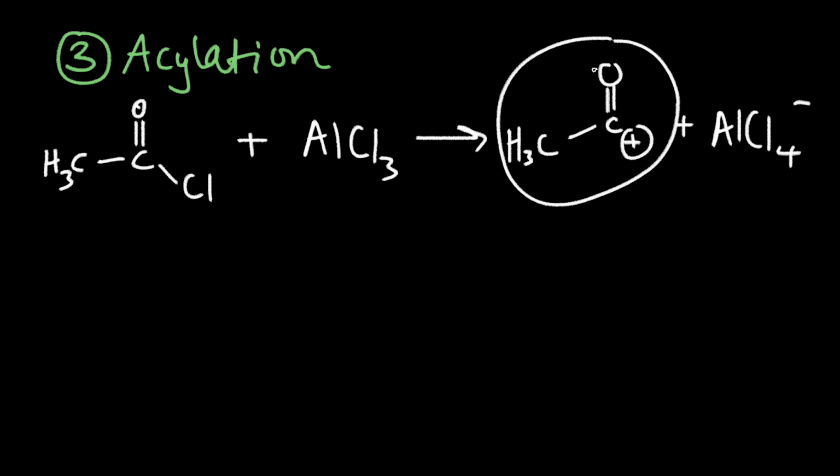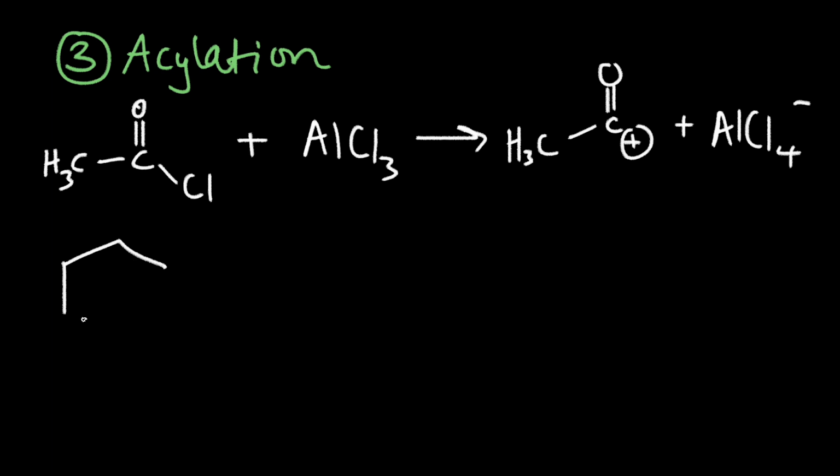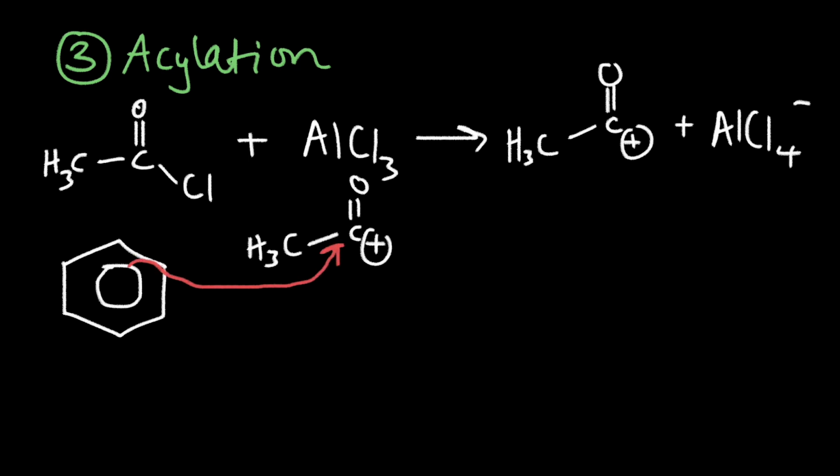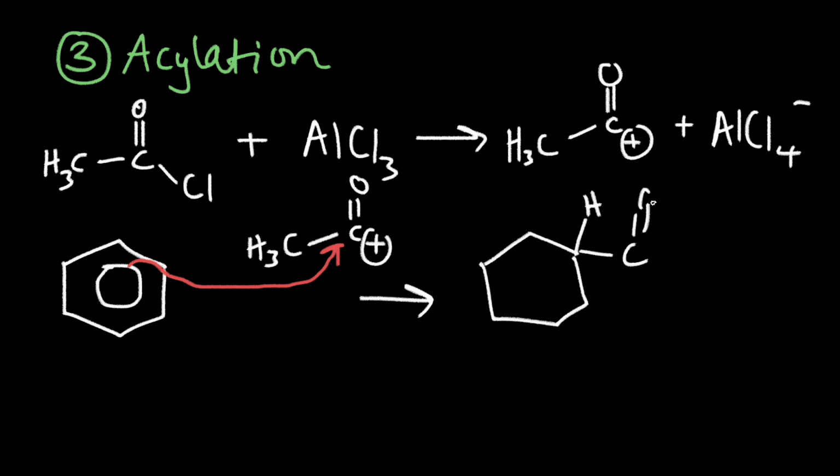So now we have our electrophile. We're going to react that with benzene. Like this. And that's going to make this. So we're attaching our electrophile to the benzene ring via the carbon with the positive charge.